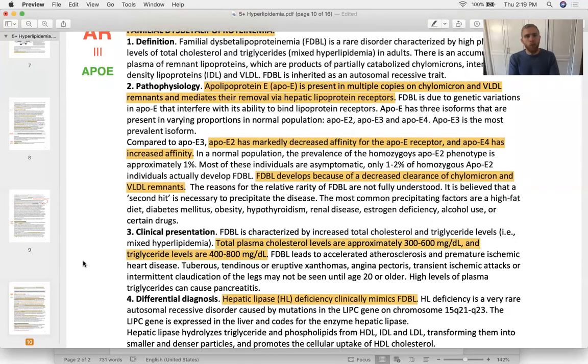ApoE is unique to chylomicrons created by the gut and VLDL created by the liver. So if you have this familial dysbetalipoproteinemia that leads to an increased blood chylomicron and triglyceride content, you're going to see plasma cholesterol levels in the 300 to 600 mg per deciliter range and plasma triglyceride levels in the 400 to 800 mg per deciliter range.